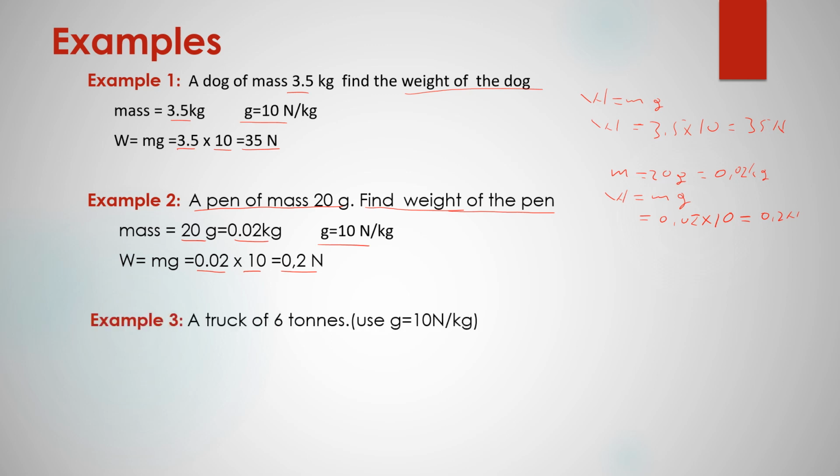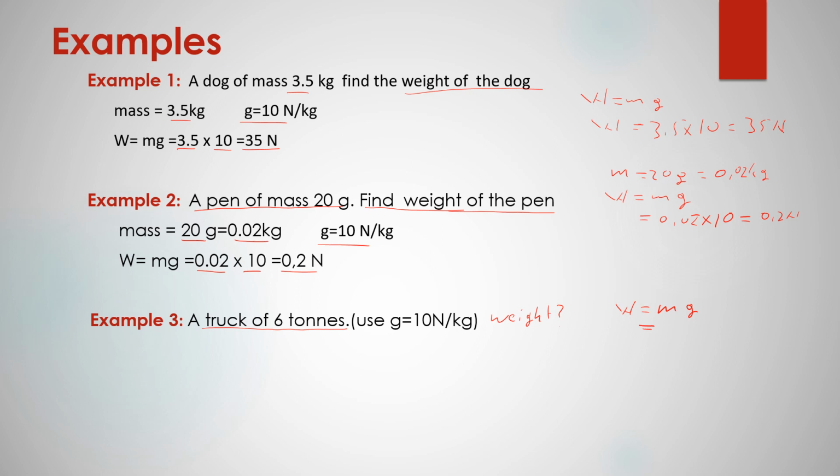Example 3, a truck of 6 ton. We are going to find again the weight of the truck. Again the same formula, weight is equal to mg.